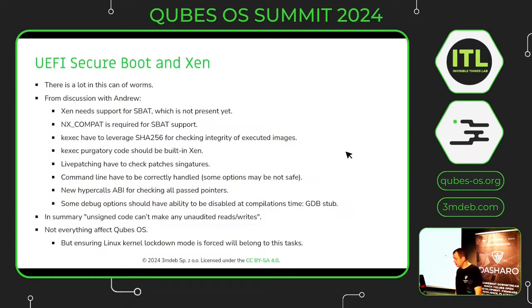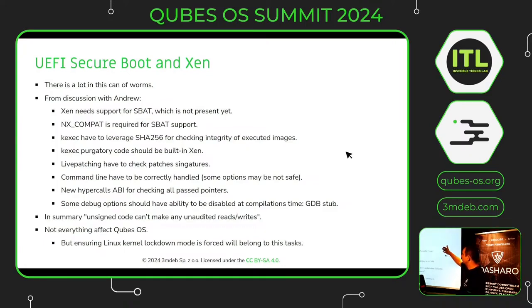So this is from Andrew, mostly, plus some of my gathering from discussing with him. These are requirements to be signed by Microsoft, not the requirements for this other scenario, the trammel Secure Boot scenario. But Secure Boot support is needed in Xen, not present right now.